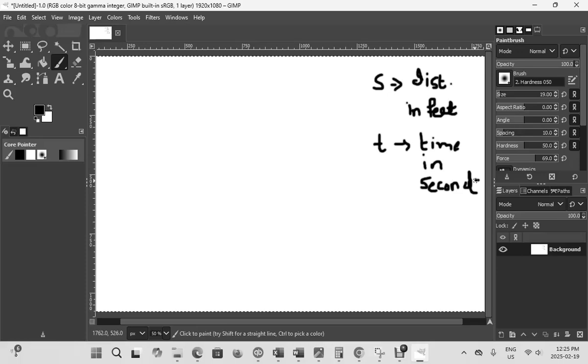So S, distance in feet, equals 20 T squared. Notice this is a function.